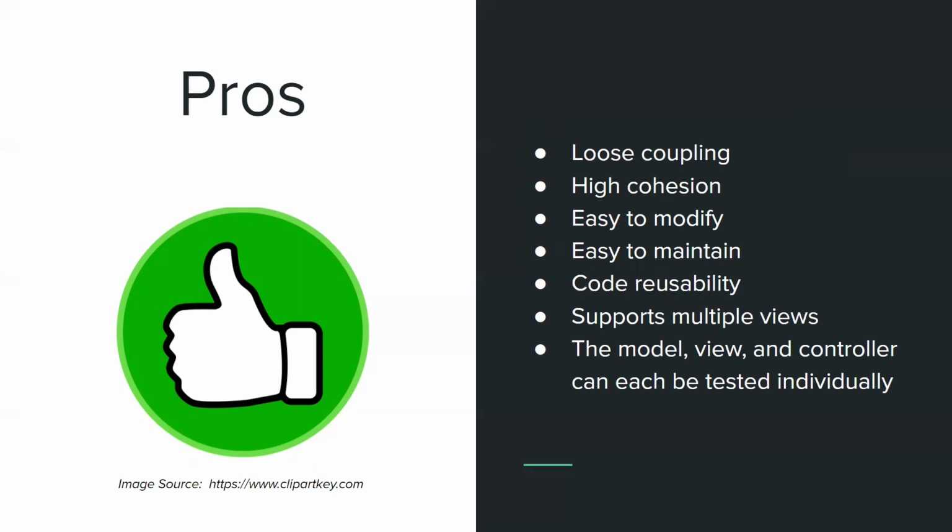The best way to look at model view controller is buckets. These are put into buckets, either the model bucket, the view bucket, or the controller bucket. The nice thing is that if you have to modify anything inside of the model bucket, you can do that without having to modify anything in the view bucket or in the controller bucket. It's also easy to maintain. All this allows for the code to be easily reused.